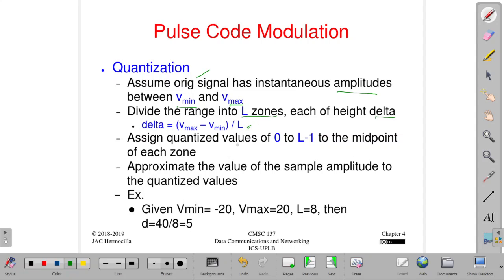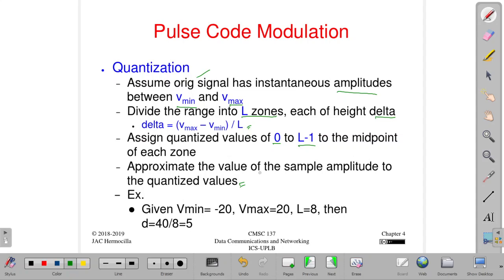Then we assign quantized values of 0 to L minus 1 to the midpoint of each zone. Then we approximate the value of the sample amplitude to the quantized values.